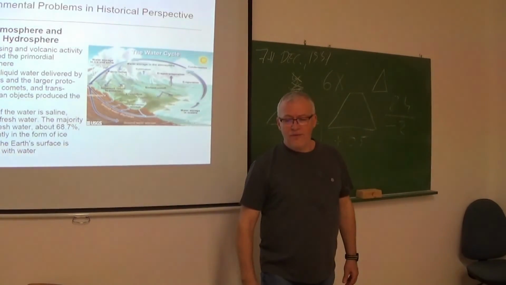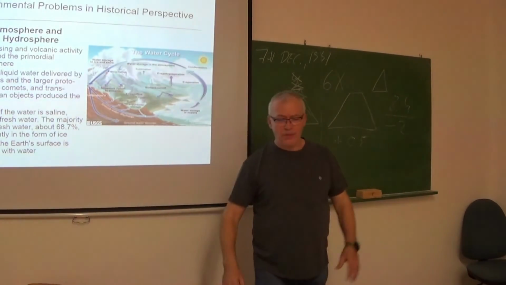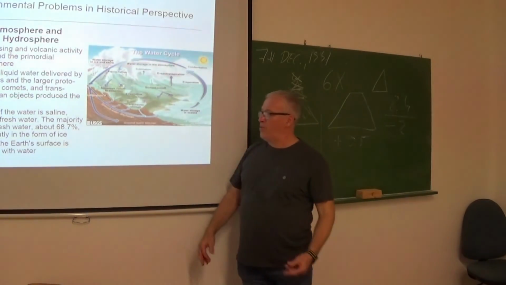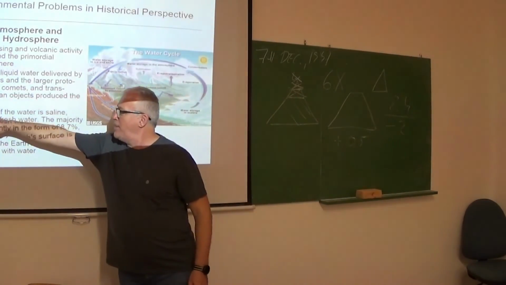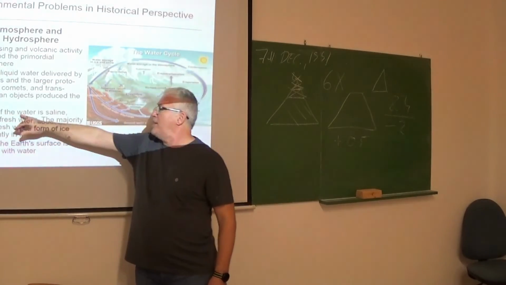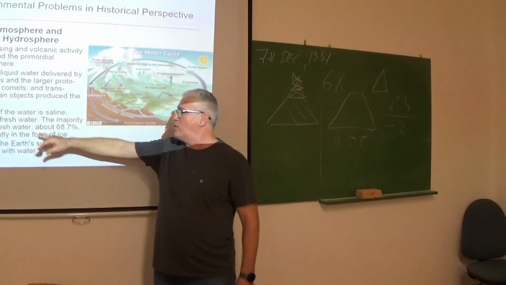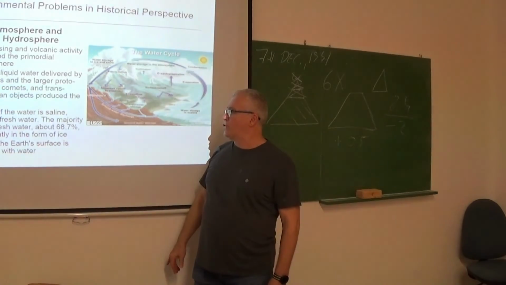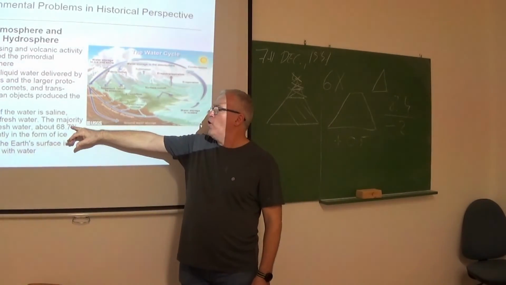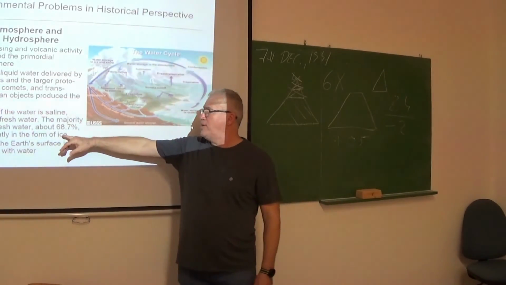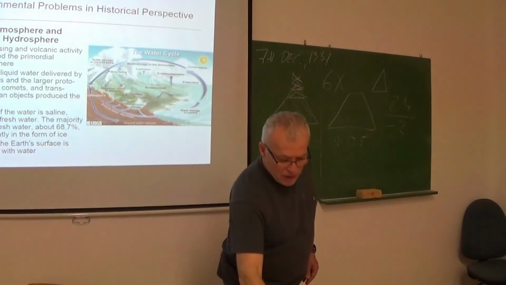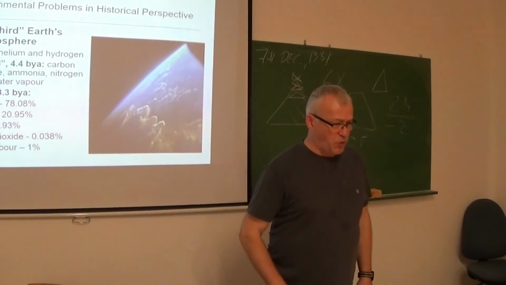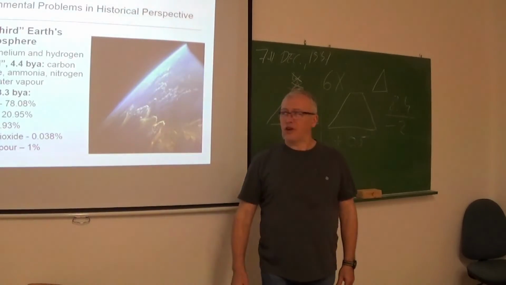Okay? We are living in the atmosphere and hydrosphere, as I mentioned before: 97.5 percent saline and salt water, and only 2.5 percent fresh water, and the majority, two thirds of fresh water, is currently ice. But more interesting, we are living in the third atmosphere of the history of Earth.